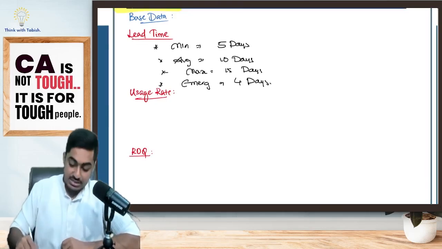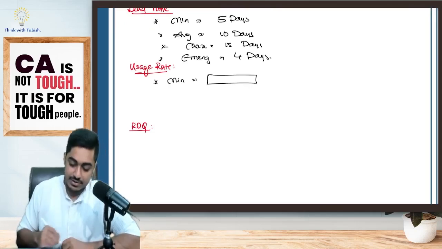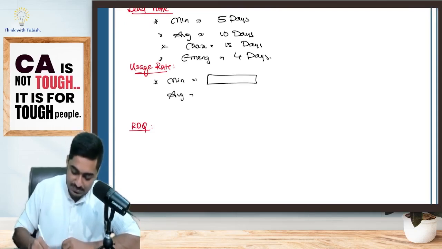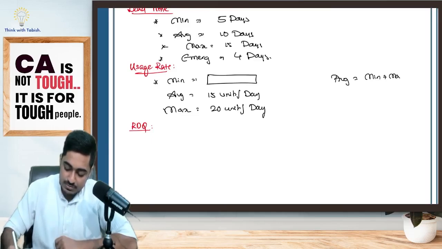Good. Next is usage rate. Minimum usage rate, is this given? No, I will calculate. Average usage rate is 15 units per day. Maximum usage rate is 20 units per day. Sir, how do we calculate minimum, sir? Simple. I know average is nothing but (minimum plus maximum) divided by 2.